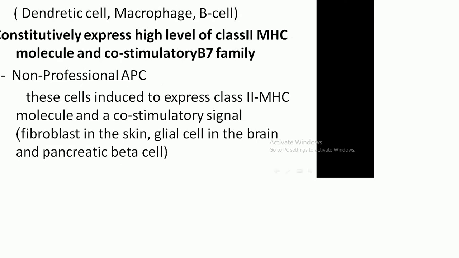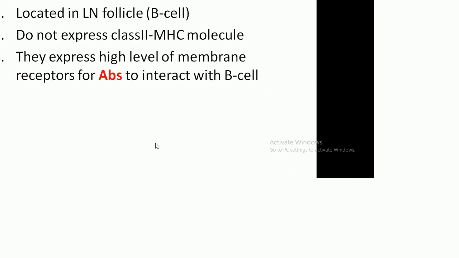Types of antigen-presenting cells include professional antigen-presenting cells like dendritic cells, macrophages and B cells, which constitutively express high levels of class 2 MHC molecules and the co-stimulatory B7 family. And non-professional antigen-presenting cells are induced to express class 2 MHC molecules and co-stimulatory signals, like fibroblasts in the skin, glial cells in the brain, and beta cells.